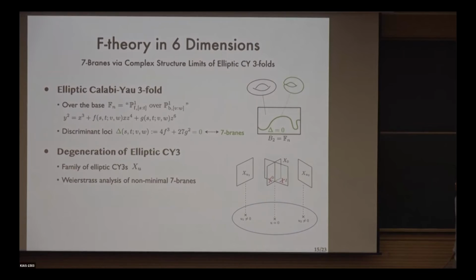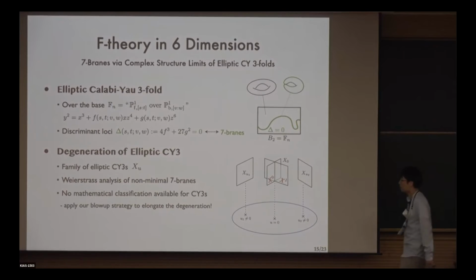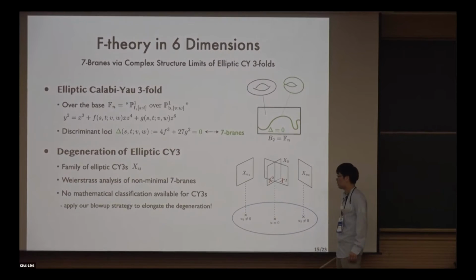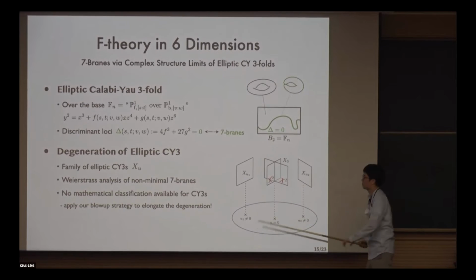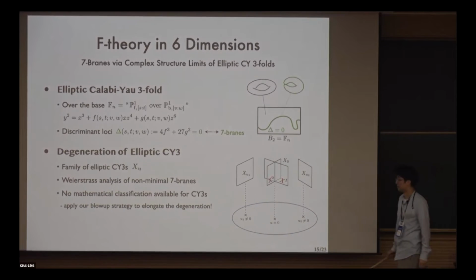And one big difference from the K3 case is that now we are lacking mathematical classification results for Calabi-Yau threefolds. Calabi-Yau threefolds are much more complicated than K3 surfaces, so mathematicians do not give us useful classification results yet.